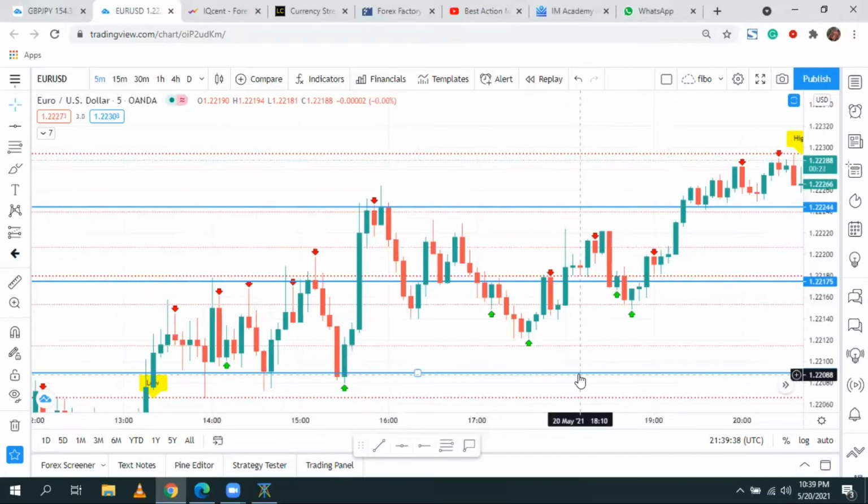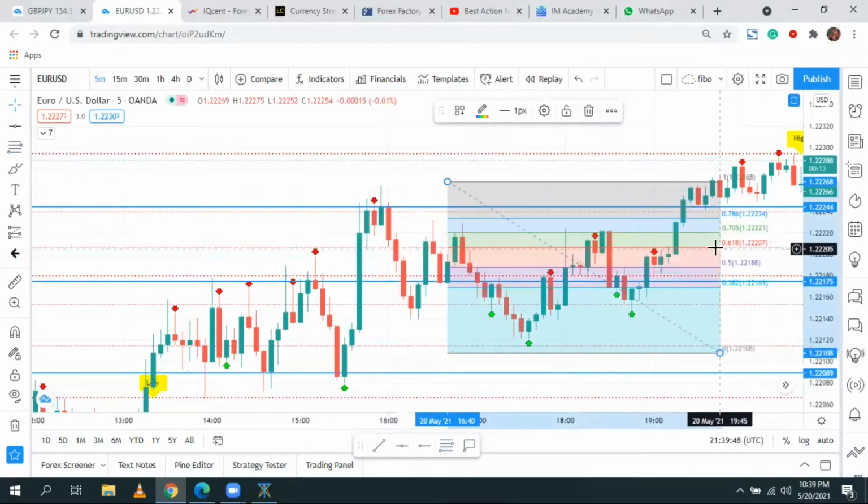So if the market is retracing to my 0.618 and 0.5 level, and I'm seeing a resistance at the 0.705 or 0.618 level, I won't take it at this top level. I will wait for it to hit my resistance at the second level before taking the trade, because then I'm not just using the fib, I'm using it with support and resistance.